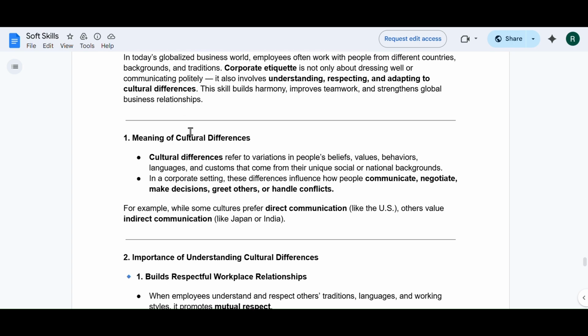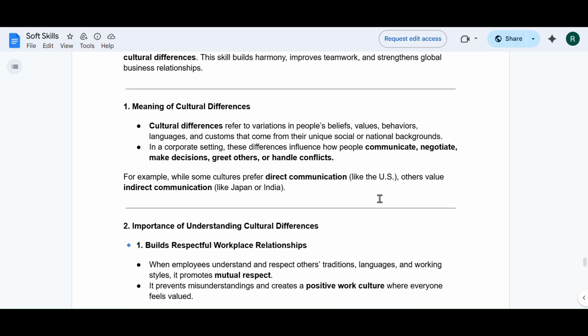First, the meaning of cultural differences. Cultural differences refer to variations in people's beliefs, values, behaviors, languages, and customs that come from unique social and national backgrounds. We already know what cultural differences mean, so no need to explain that specifically. In a corporate setting, these differences influence how people communicate, negotiate, make decisions, greet others, or handle conflicts.